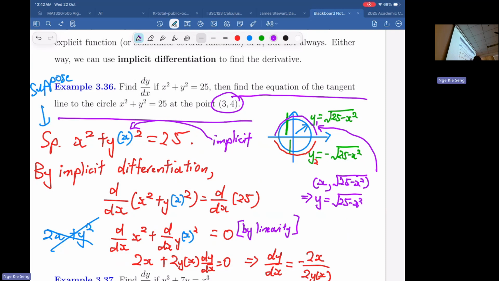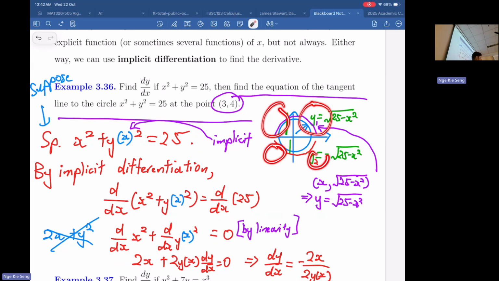So what is 3, 4? Which quadrant is 3, 4 in? Here is the first quadrant, second quadrant, third quadrant, and fourth quadrant. Where is 3, 4? First quadrant. So we are concerned with a point on the upper semicircle. Let's look at this upper semicircle function here.